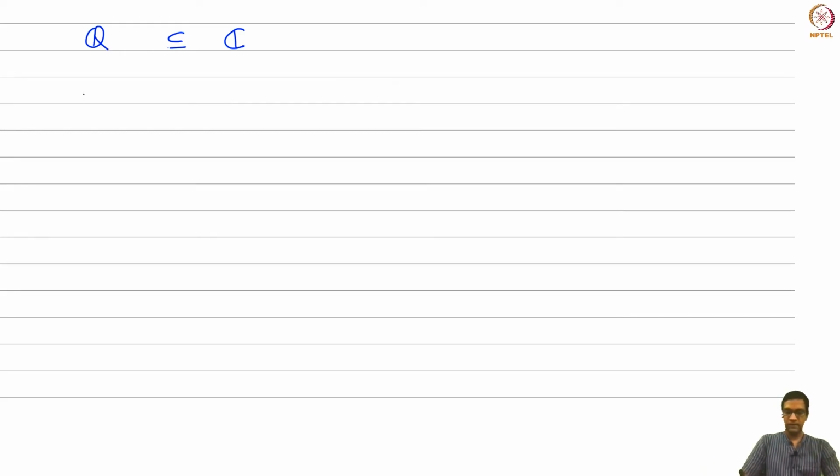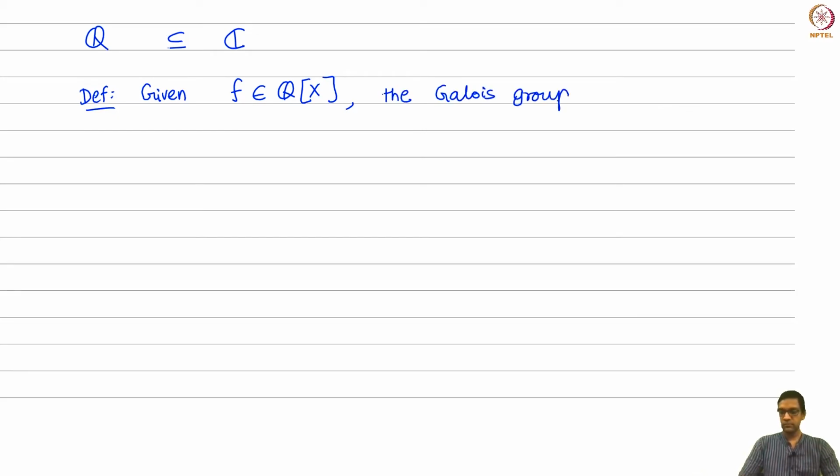Now, definition: given a polynomial f with coefficients in Q, we say that the Galois group of f, which I'll name Gal(f), is the following.